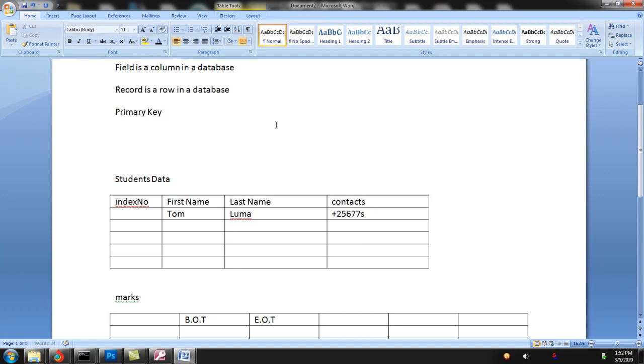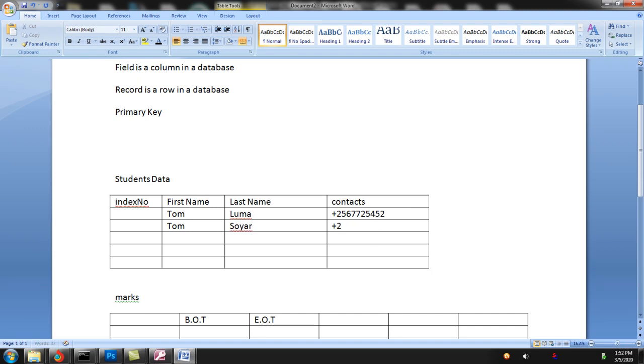In this class, we have two Toms: Tom Luma and Tom Sawyer.